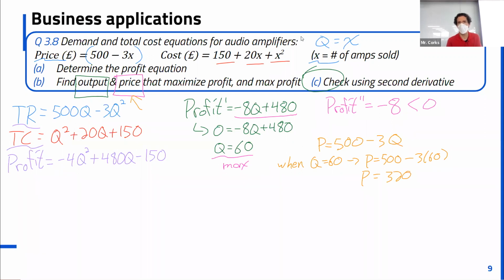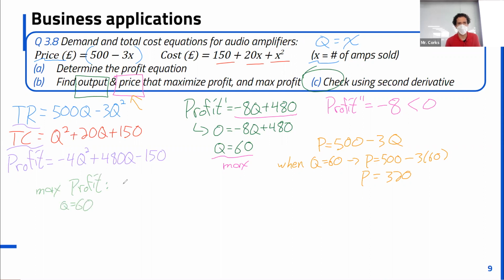And it would be nice to know the actual maximum profit. I need a new color, light green. All right, our actual max profits will happen when Q is equal to 60.